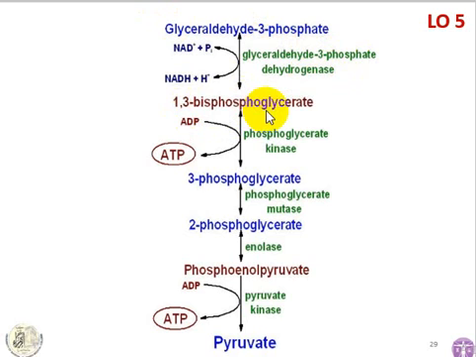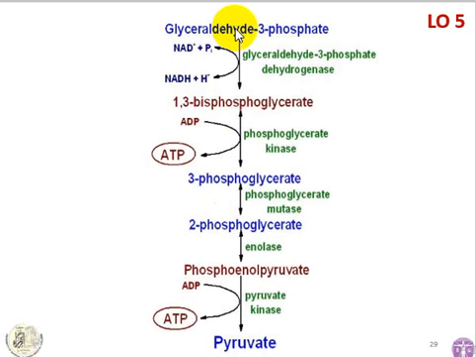Then 1,3-bisphosphoglycerate is converted into 3-phosphoglycerate by phosphoglycerate kinase, and here ATP is released in this reaction. 3-phosphoglycerate, by the action of phosphoglycerate mutase, becomes 2-phosphoglycerate, and this, by the action of the enzyme enolase, forms phosphoenolpyruvate. Phosphoenolpyruvate, by the action of pyruvate kinase, forms pyruvate. Also in this reaction, 1 molecule of ATP is released.